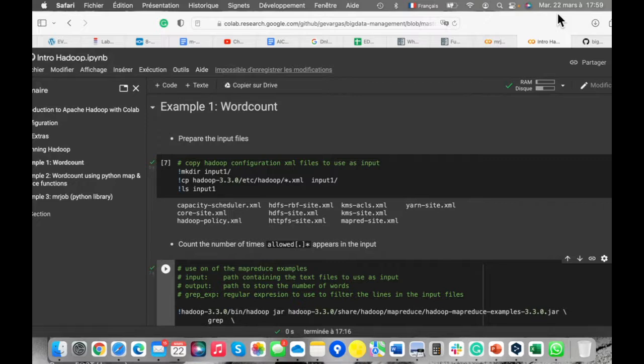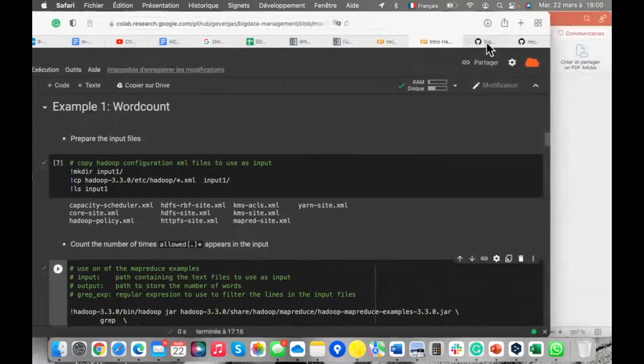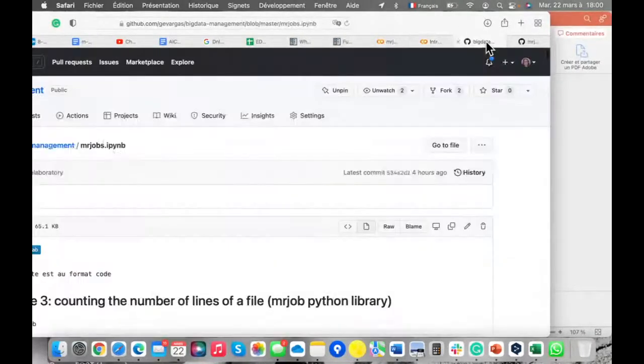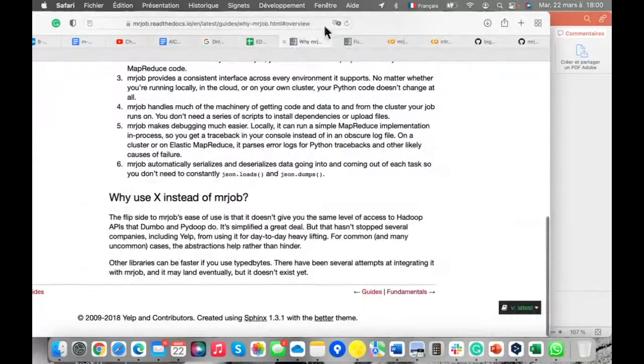There are companies and open source groups that already provide a lot of help and guidance in order to help programmers care about their problems rather than these environment issues. And one that I chose to use for the course is MR Job. I always call it Mr. Job, but it's MR Job.